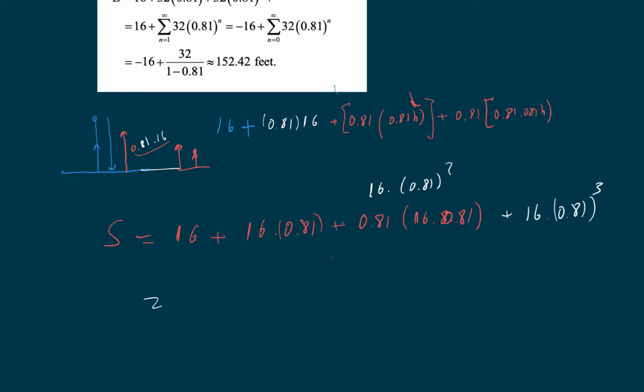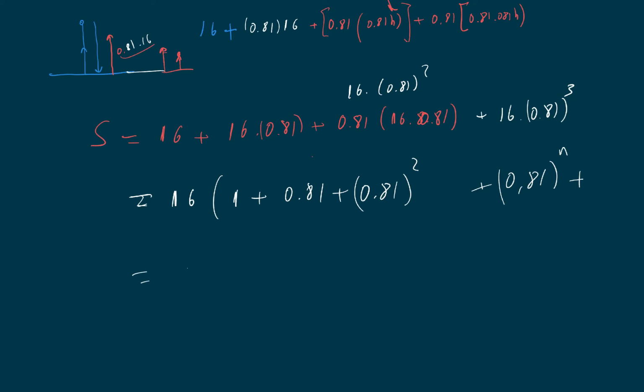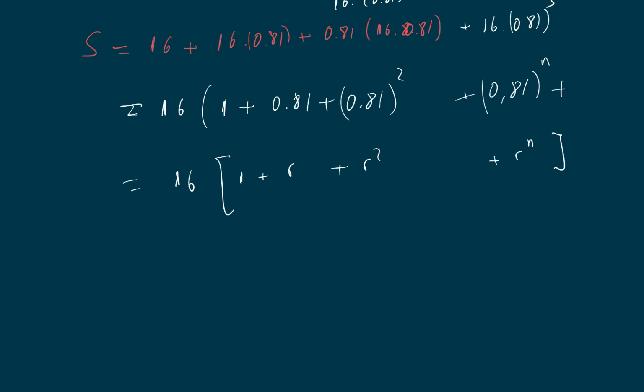This sum will be equal to 16 times (1 plus 0.81 plus 0.81 squared plus and so on). This is a geometric series. So what is the sum? It is 16 times this, which starts at 1, so 1 plus r plus r squared plus r to the n, where r is 0.81.